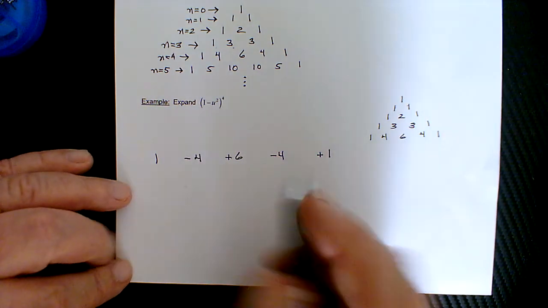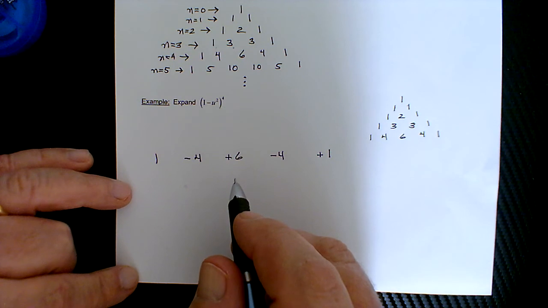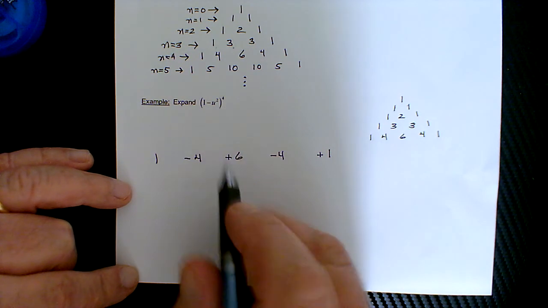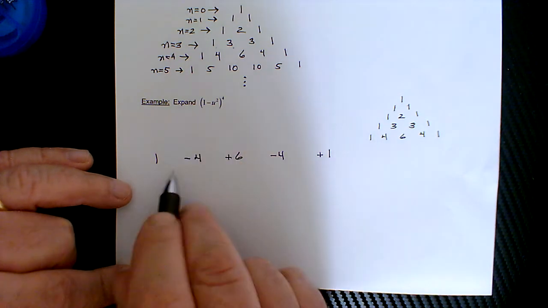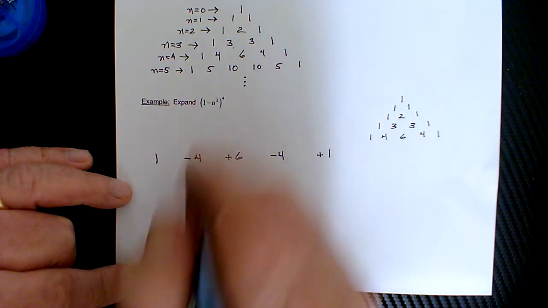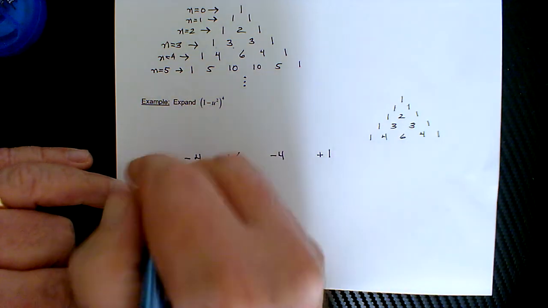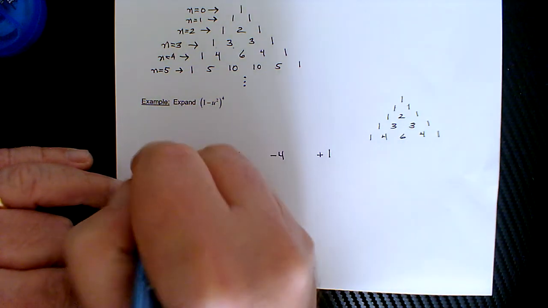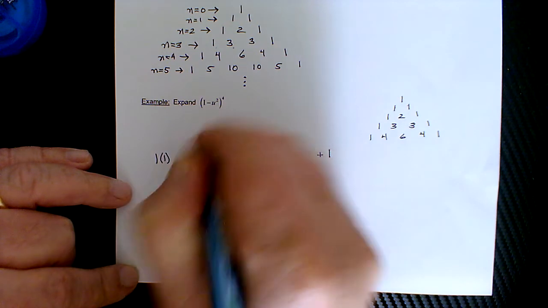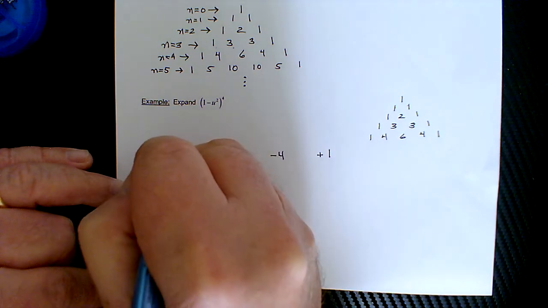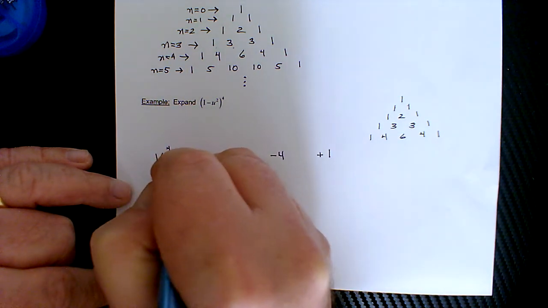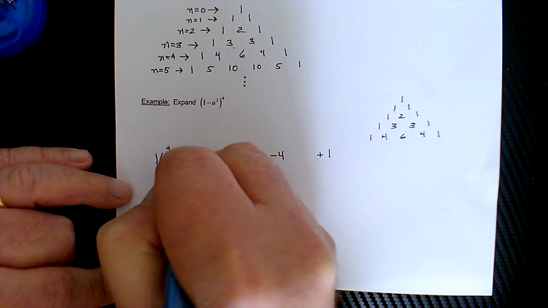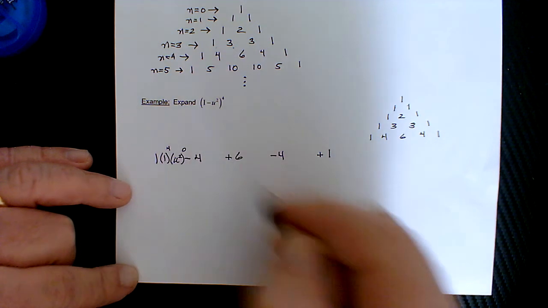And then to account for the powers of the terms in this expansion, you start with the first term of the binomial, 1, raised to the nth power, in this case the fourth, and the second term of the binomial, u squared, raised to the 0 power.